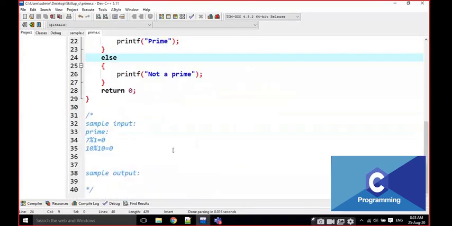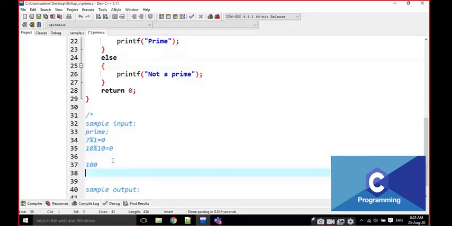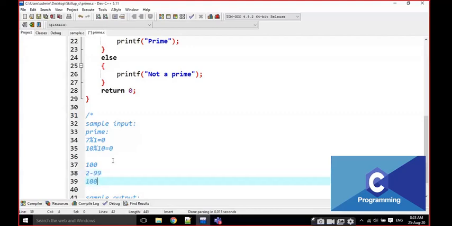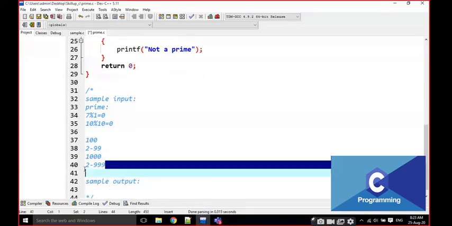For example, if the number is 100, how many times am I going to check? 2 to 99, that means nearly 98 times. If it is 1000, I am going to check 998 times, right? Every time we are going to check. If the number is big, we have to check all the times.